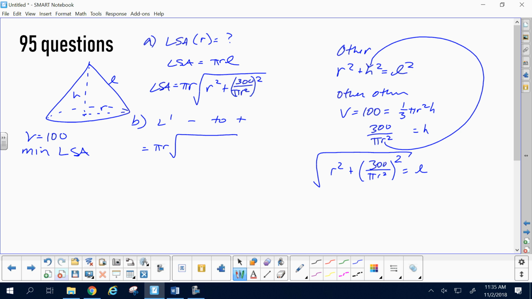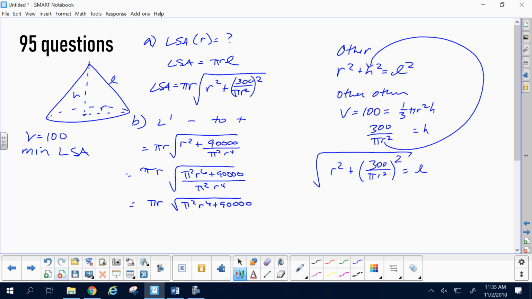Check this out. I could say that 300 squared is 9 with 1, 2, 3, 4 zeros. And pi r squared is pi squared r to the 4th. I could then get a common denominator and get pi squared r to the 6th plus 90,000 over pi squared r to the 4th. If I then break that root into 2 separate, the top is pi squared r to the 6th plus 90,000, and the denominator is pi r to the second.